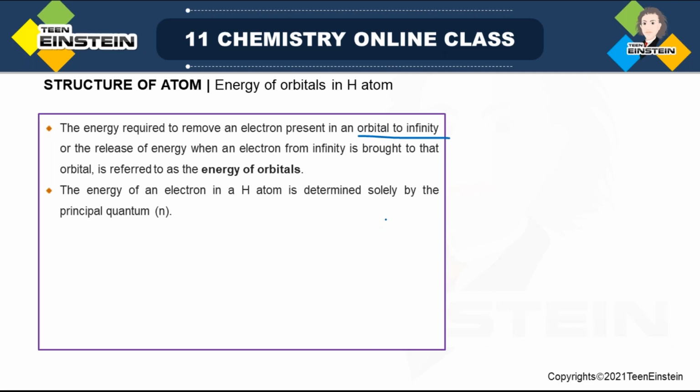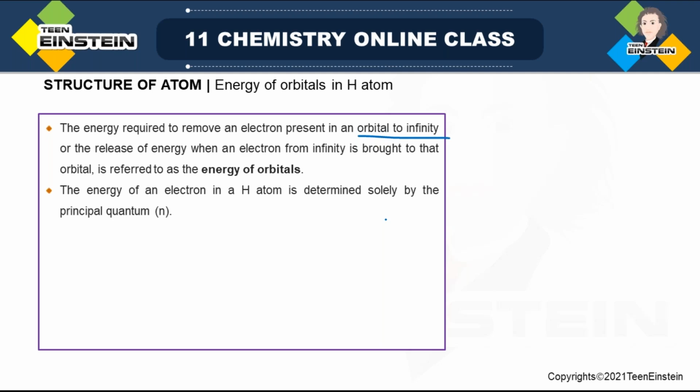The numerical value will remain the same. When you are moving it from the orbital to infinity, you have to provide energy, so it should be a plus sign. But when you are doing the opposite process, bringing it from infinity to the orbital, energy will be released, that means a negative sign. But whatever it is, the modulus value is the same. Now when it is a hydrogen-like system, there is a single electron.